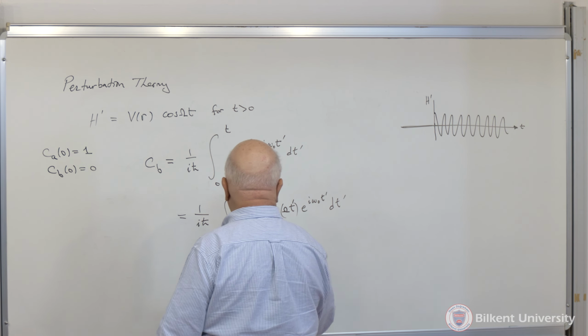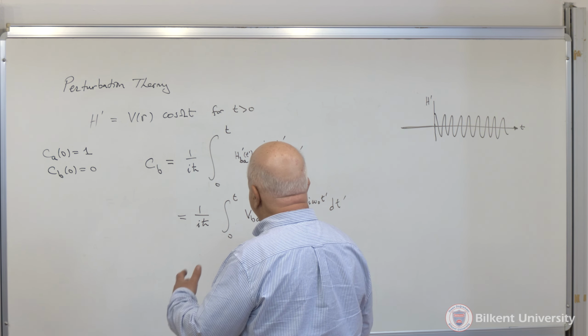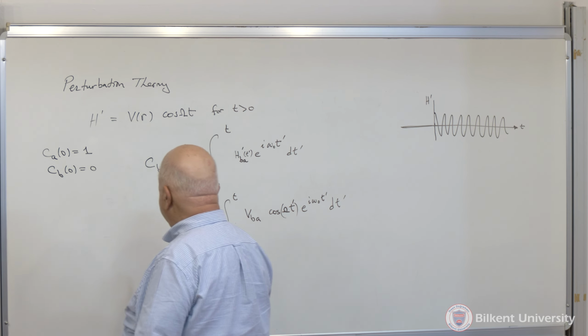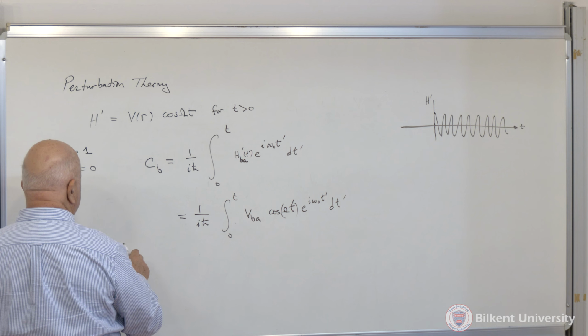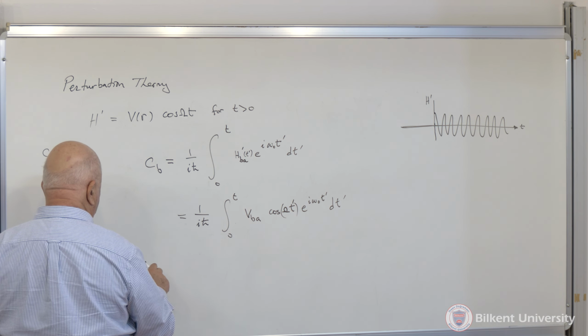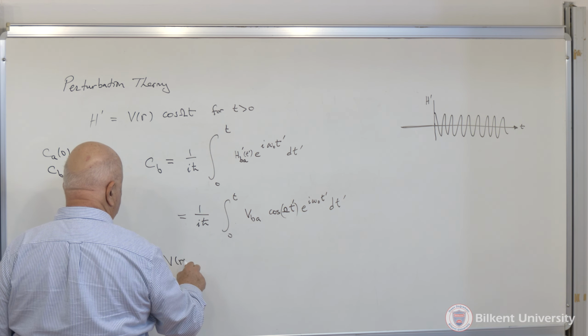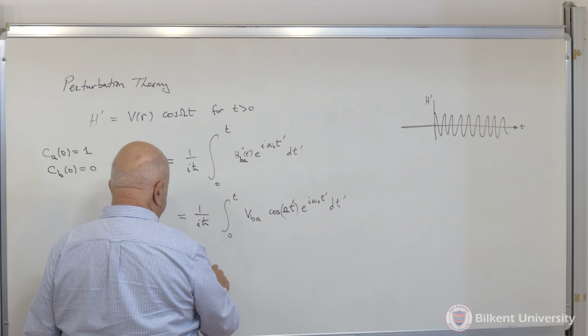What's V_BA? Suppose I am putting my particle inside an electric field. Suppose that my V of r looks something like this.